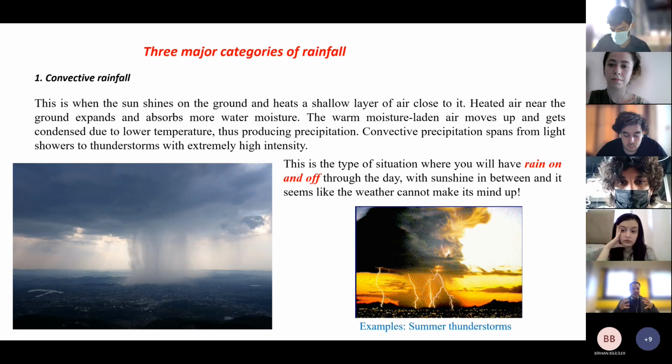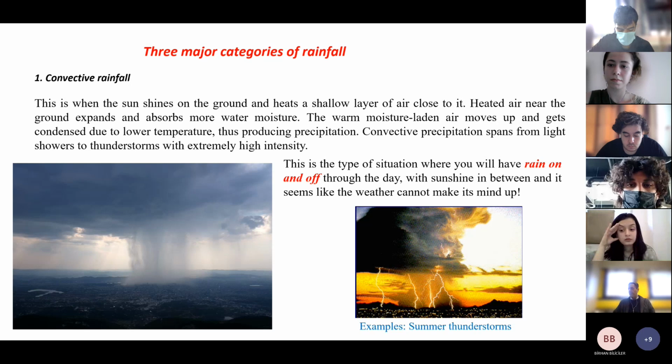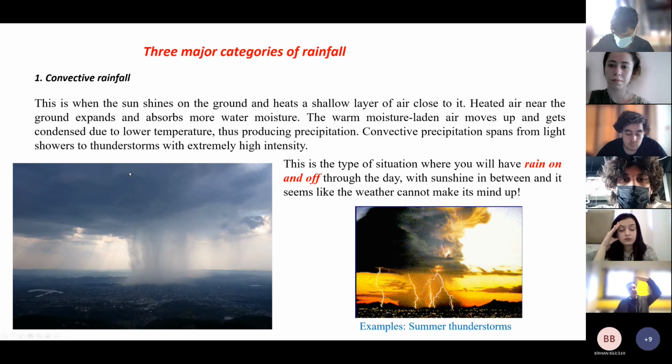Now we have a lighter air with high moisture, which is lighter than cold air, so it moves upward and gets condensed. When it moves up a bit, for example 500 meters above the ground, the temperature suddenly changes and the cold atmosphere condenses that warm air.